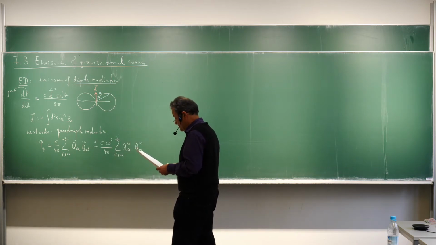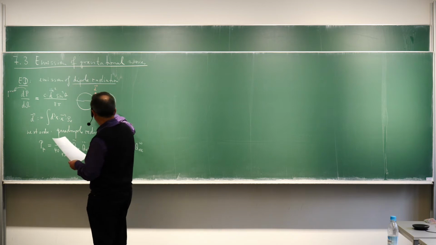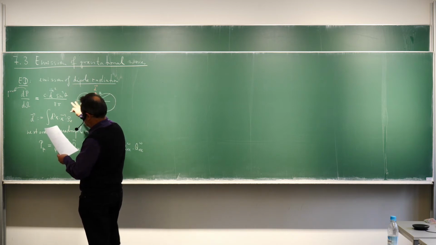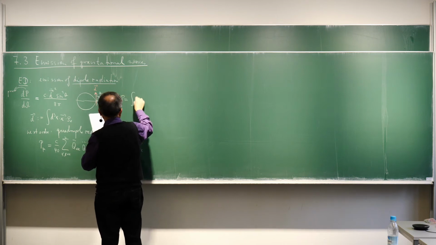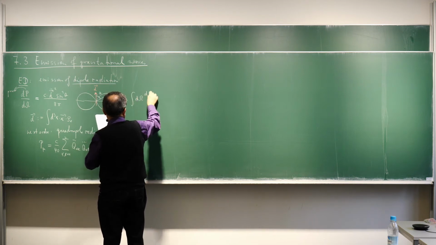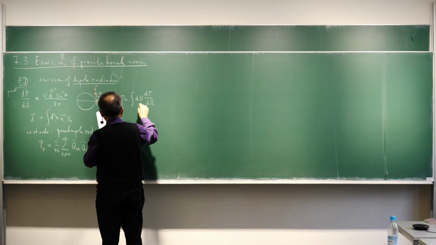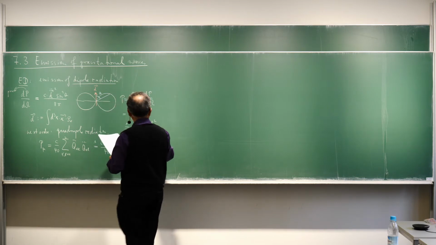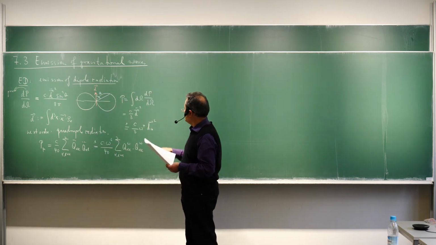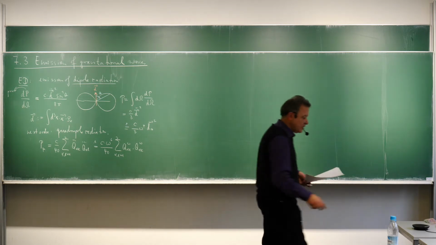Yeah, so I should, of course, say here the total power, which is the integral over this differential emission, gives you c over 3 d double dot squared, which in Fourier space corresponds to c over 3 omega to the 4th d omega squared, where this is the Fourier transform of this, and you see here the difference in power.